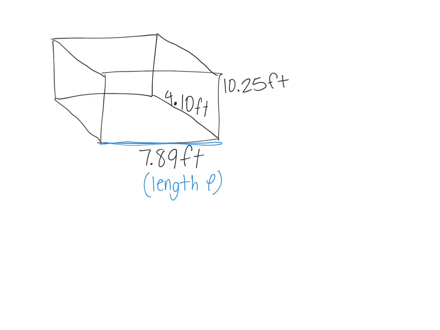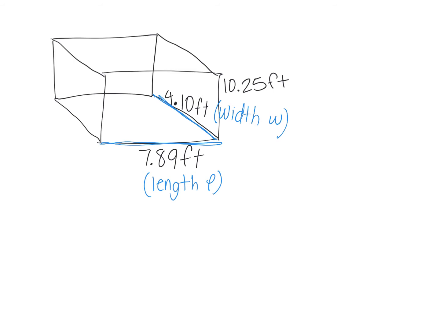So width is kind of like how fat it is. So we're going to take this side and this is going to be our width. The thickness is another way to think of that. Width is represented with the letter W.